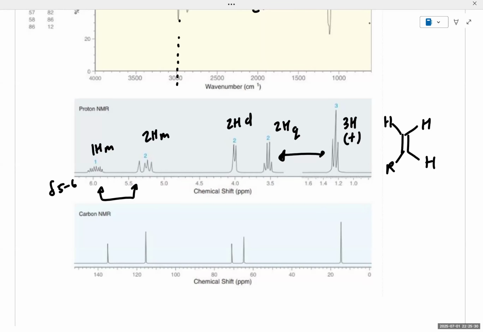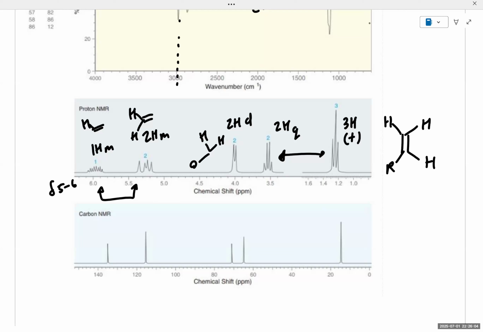Okay. Continuing on with this analysis, we have a peak around 4.0, which suggests this methylene is adjacent to a carbon attached to an oxygen.